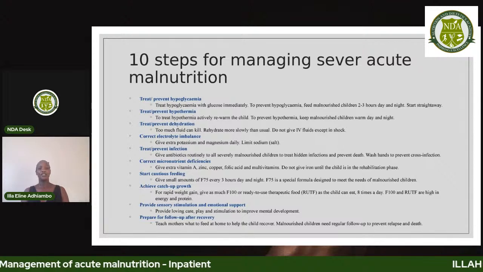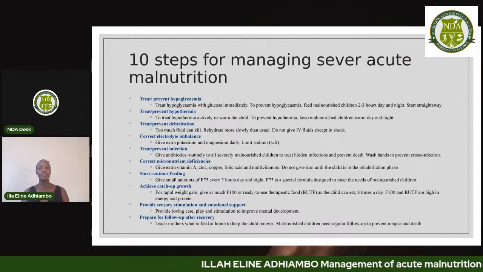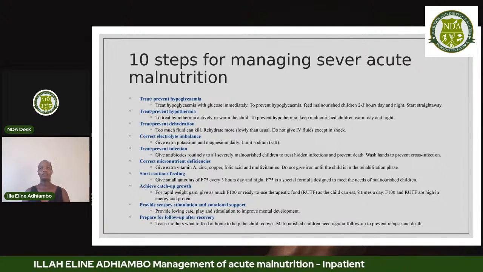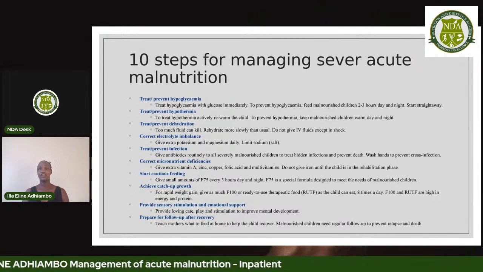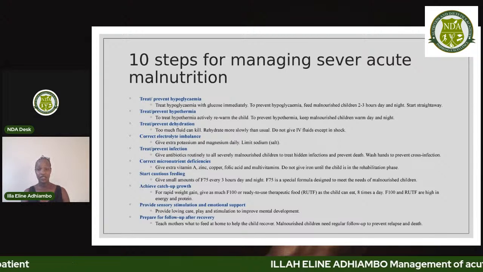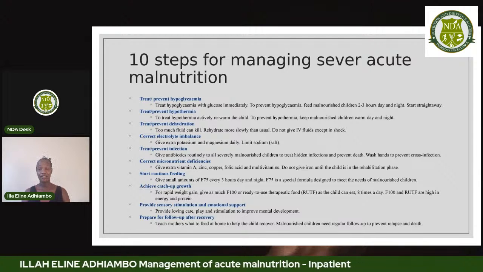And then after treating electrolyte imbalance, we're going to treat infections. Whenever a child is admitted with severe malnutrition, we have to assume that this child has an infection. As we have seen, malnutrition weakens the immune system, and you'll find that this child might not really show signs of an infection because of the way the body is working.